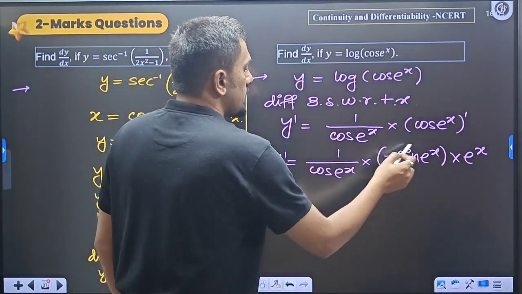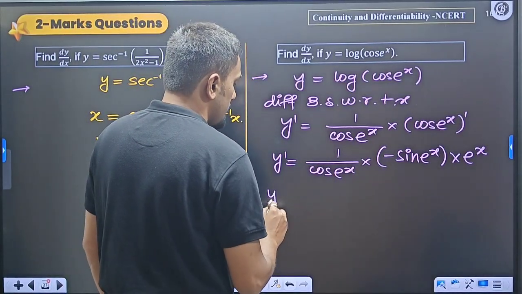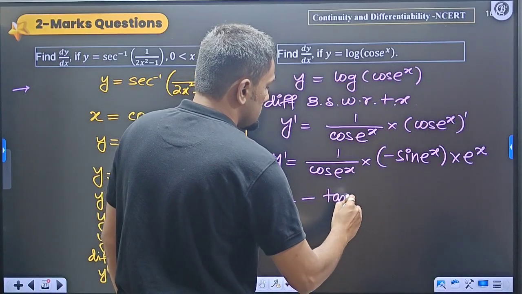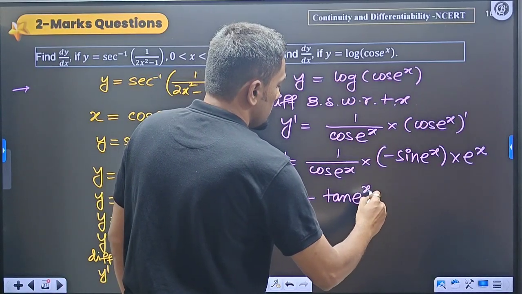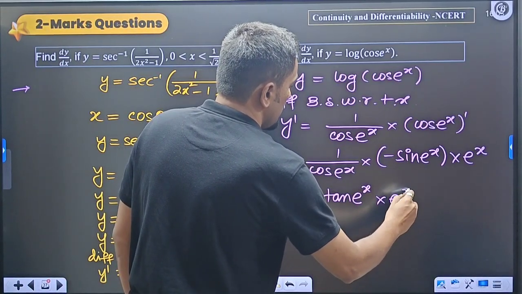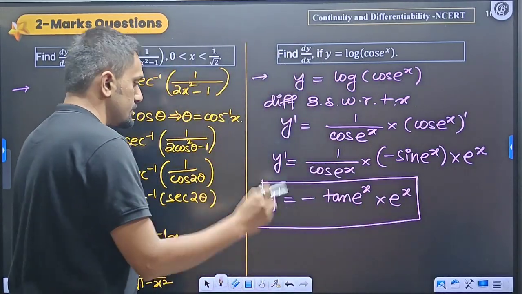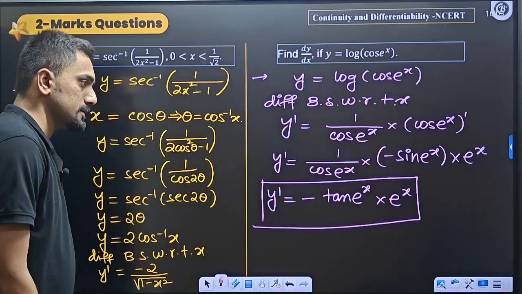See, sin theta divided by cos theta is tan theta. So that is equal to minus tan e raised to x multiplied by e raised to x, the derivative of the given function. This is the final answer.